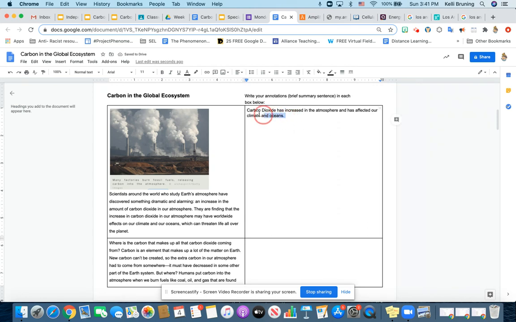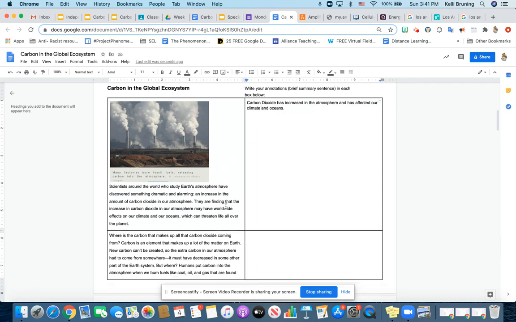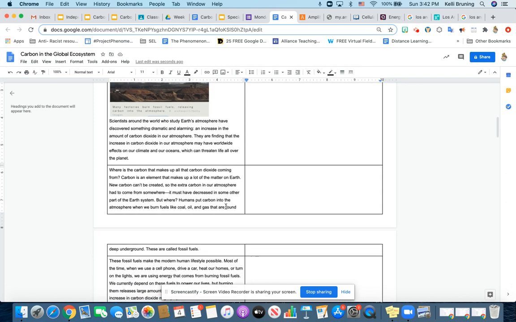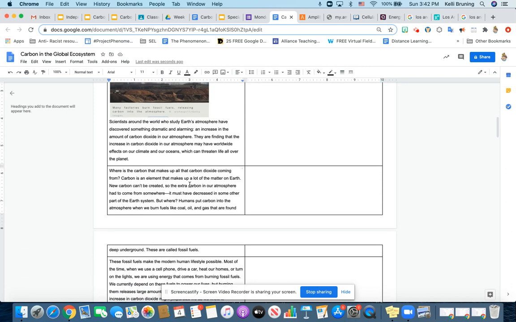So that would be my first annotation for the first paragraph. So then you'll want to go down to the next one and do the same thing for that.